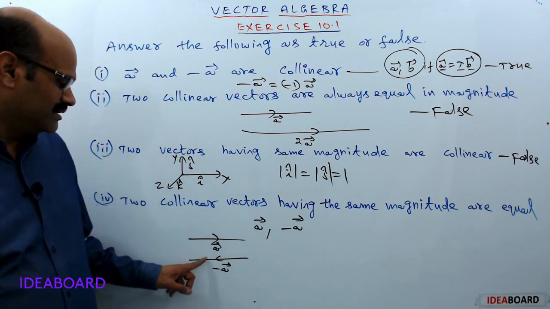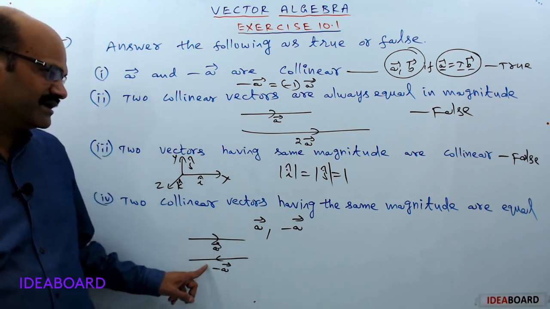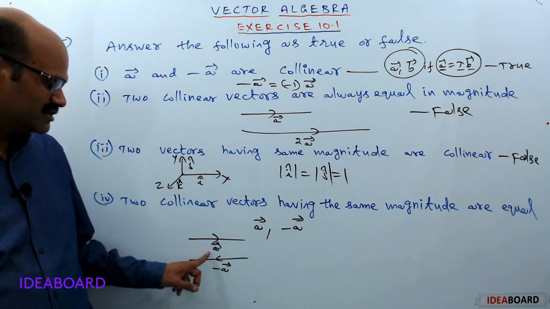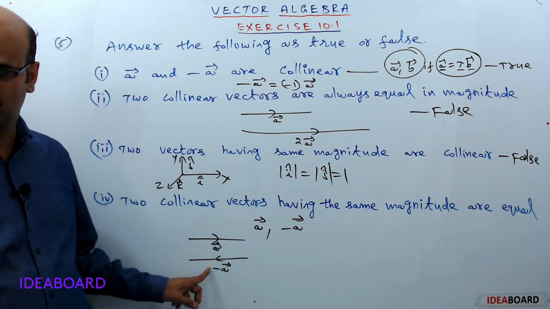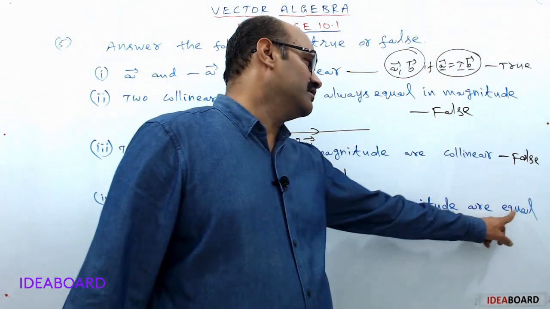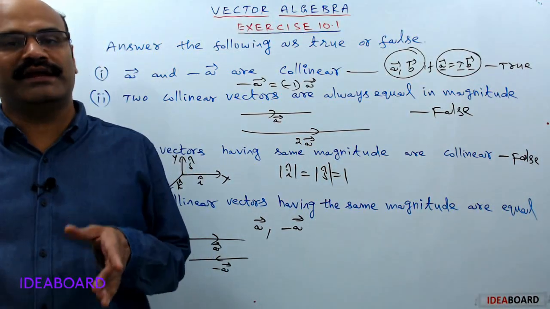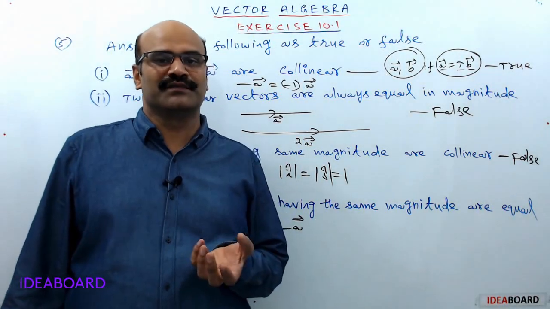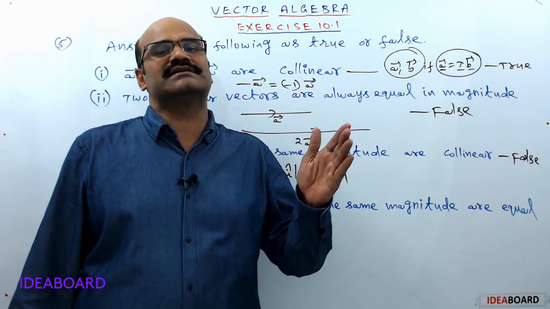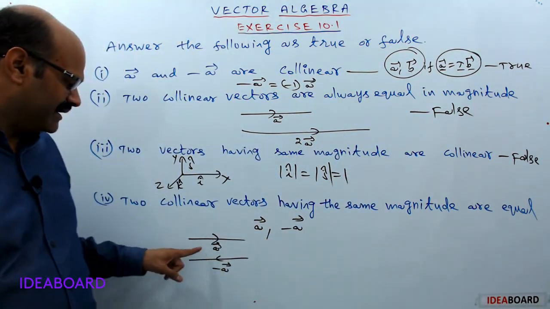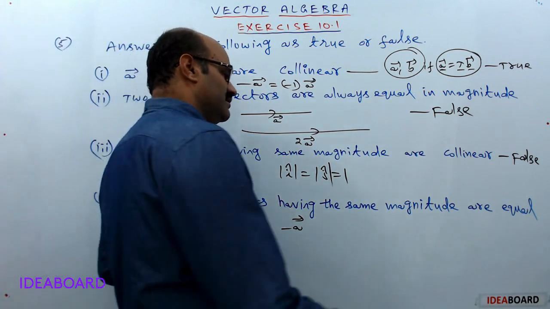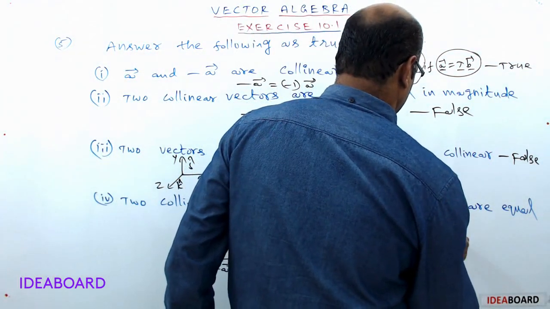When you see the diagram, these two have the same magnitude, but they have different directions. So these two are not equal vectors. What do you mean by equal vectors? Equal vectors means the two vectors should have the same magnitude and the same direction. But here the magnitude is the same but the direction is opposite. So we say that it's false.